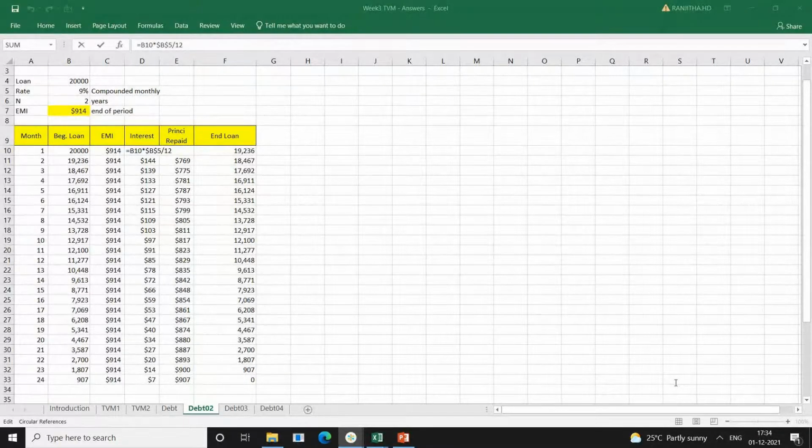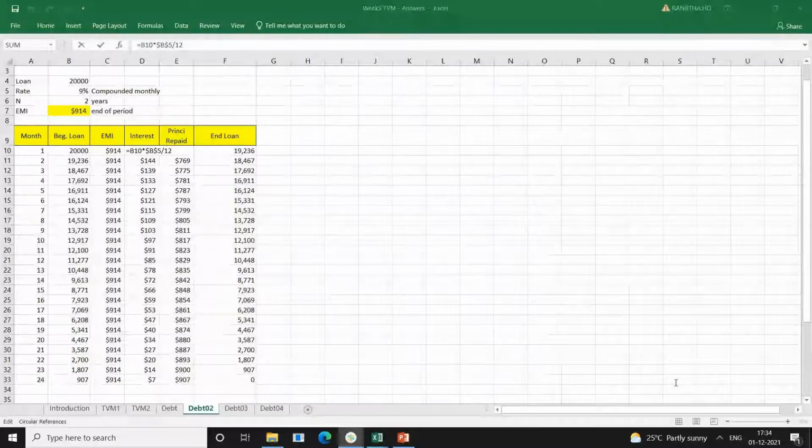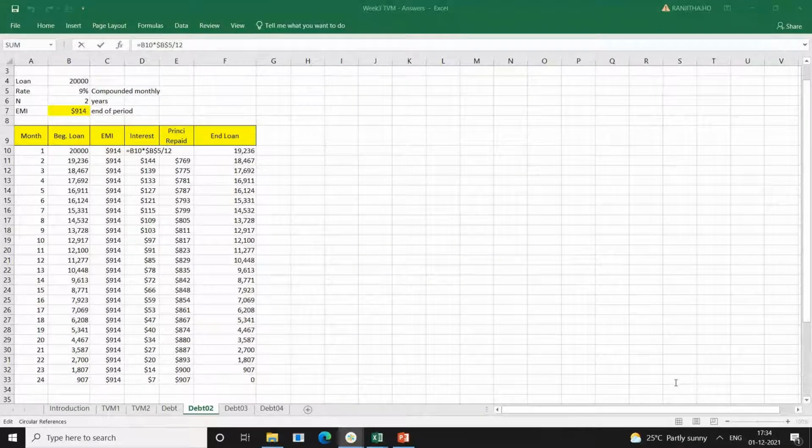See, I have sent you in the text chat box only. That formula you type. So you will get the exact answer.